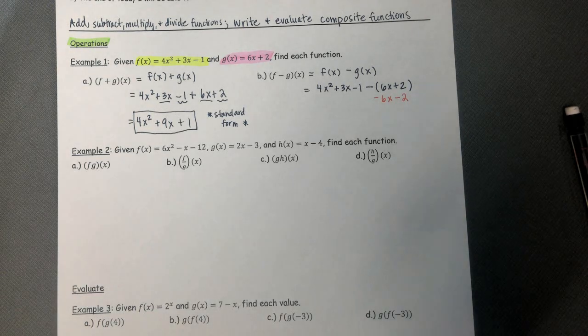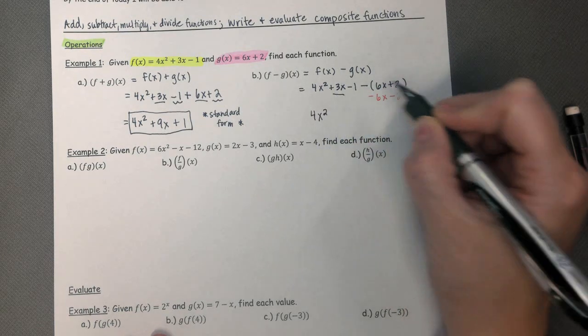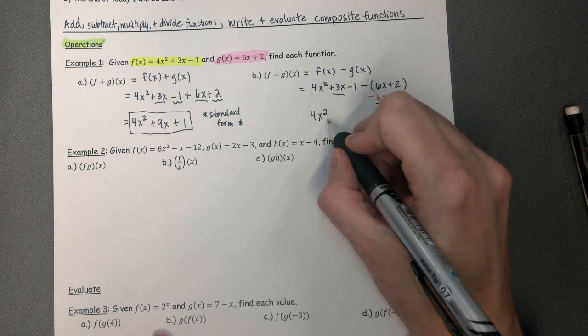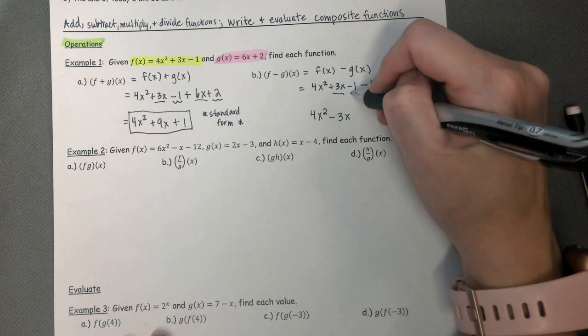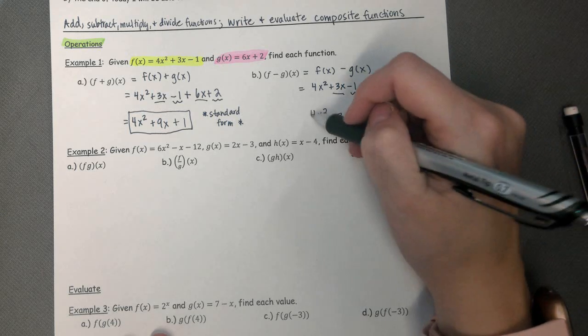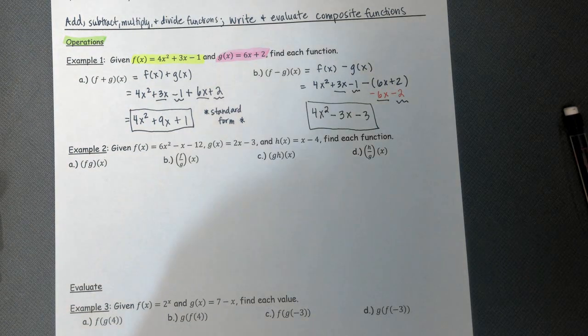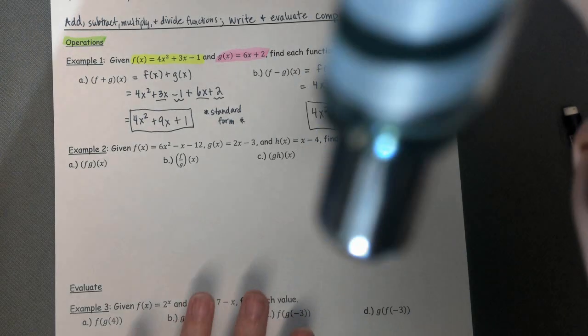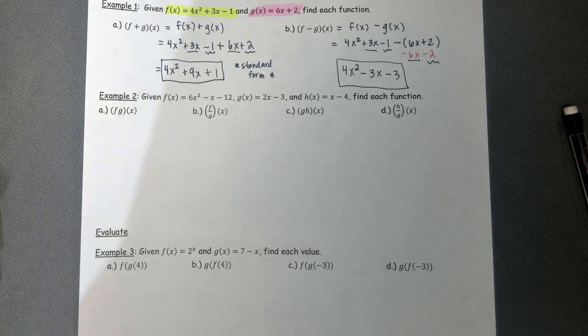Then we can combine our like terms. So you still have the 4x squared, but 3x minus 6x is negative 3x, negative 1 minus 2, negative 3, and that's your final answer. Okay, so that's not really bad at all. That is very similar to what we did with polynomial functions when we added them.